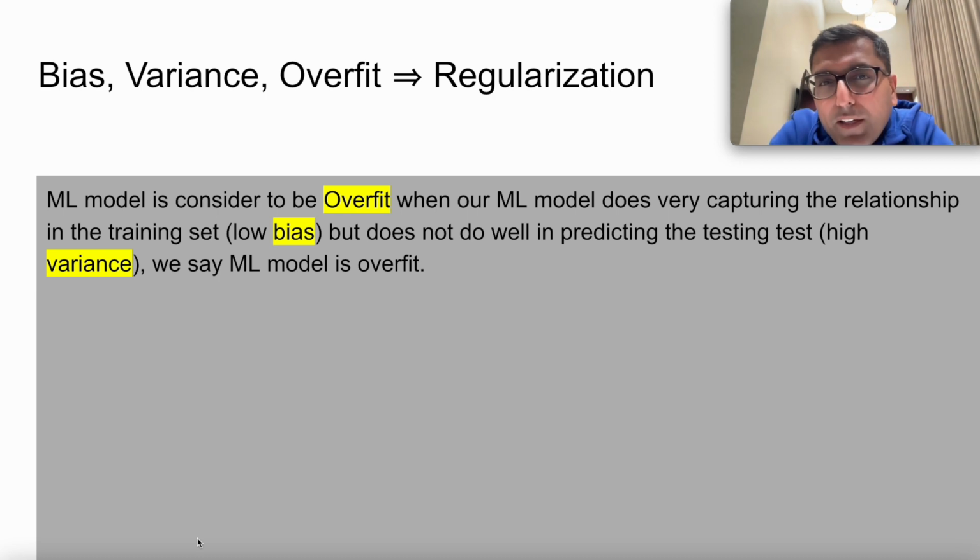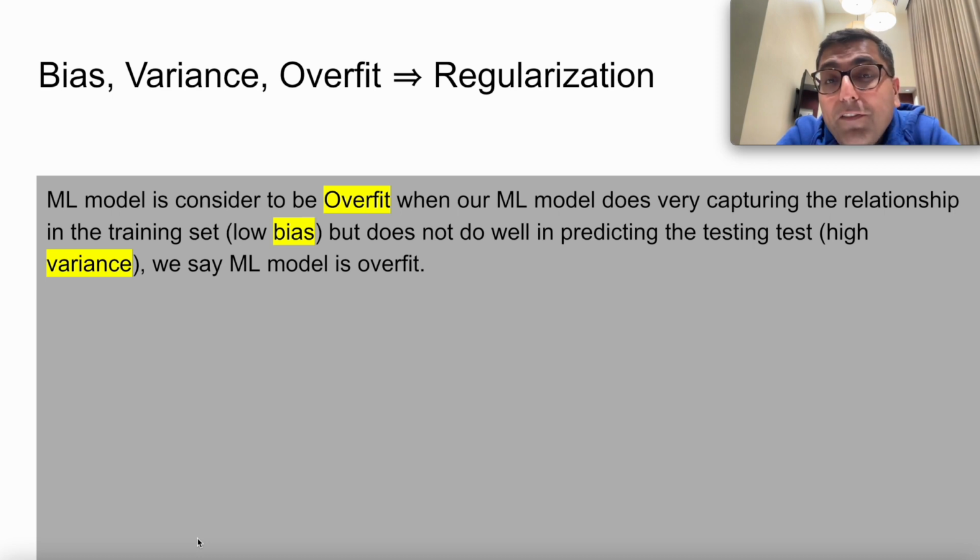So we briefly shared in the introduction what overfitting is, right? In a sense, a machine learning model is considered to overfit when it does a very good job capturing the relationship in the training set with low bias, but does not do well in predicting the testing set because it has high variance.